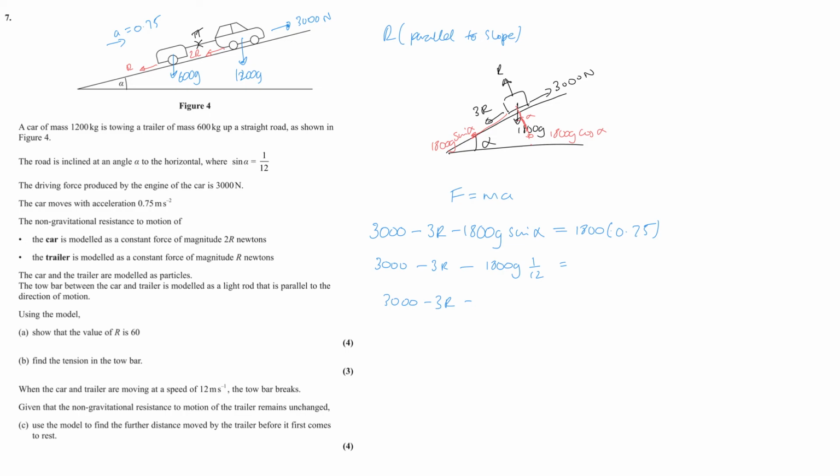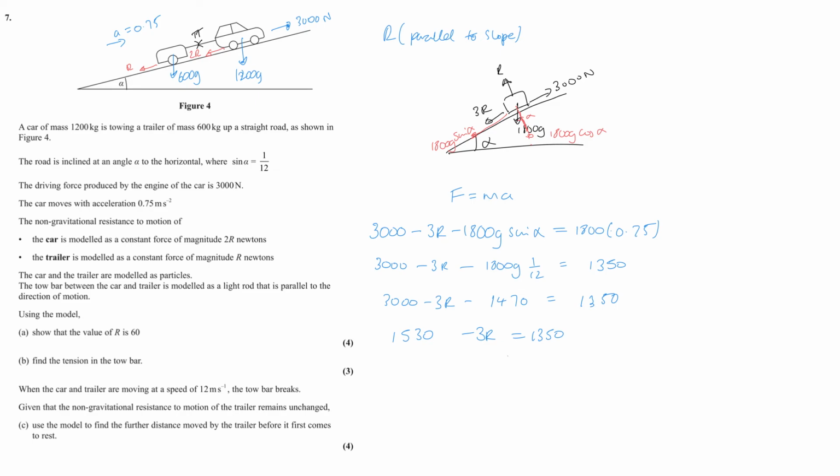So I'll just redo this on the bottom. Divided by 12, so it's 1470, and 1800 times 0.75 is 1350. So 3000 minus 1470 is 1530 minus 3r equals 1350.